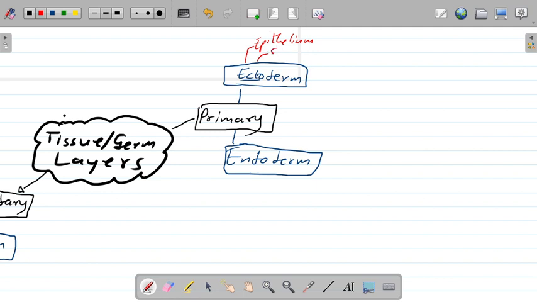In humans, it would be the skin, for example, your nervous tissue, and so forth. Then the endoderm will give rise to the digestive system, or your digestive tract. That's what it gives rise to.